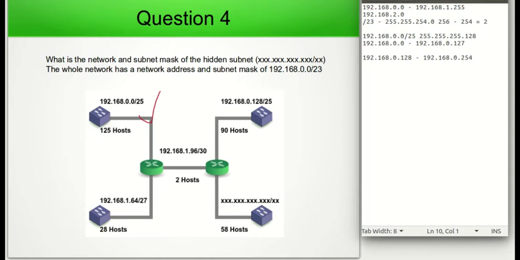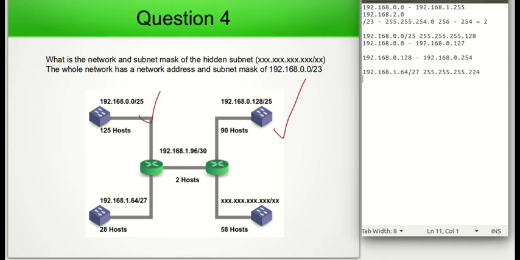Then we've done this one, so we're going to move on to this one over here. Subnet ID is 192.168.1.64 with a /27 mask. /27 in decimal is going to be 255.255.255 followed by 3 binary ones, which is 224. So 256 minus 224 is going to be 32.